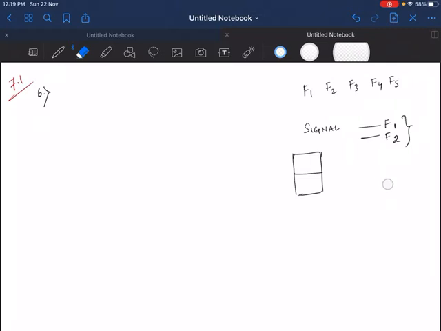Now the first compartment can be filled in how many ways? We have 5 flags, so we can select any one of the flags from these 5 flags. So basically we have 5 ways to fill compartment number 1. Now the compartment below can be filled in how many ways?